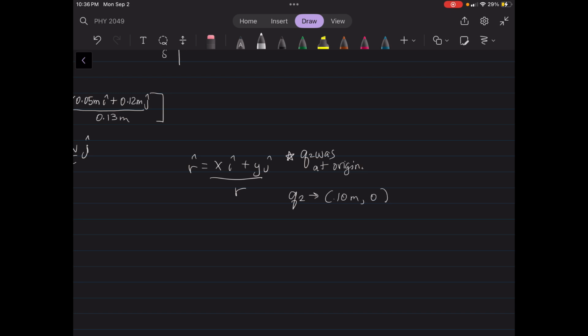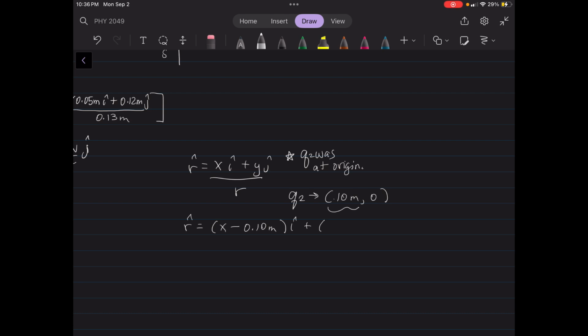So what we need to do is, if this conversion was at the origin, then we need to shift our point Q as if it was at the origin. In order to shift it, we would subtract the location of Q2 to put it at the origin. So for my x coordinate, I'm going to subtract the coordinate location of Q2.